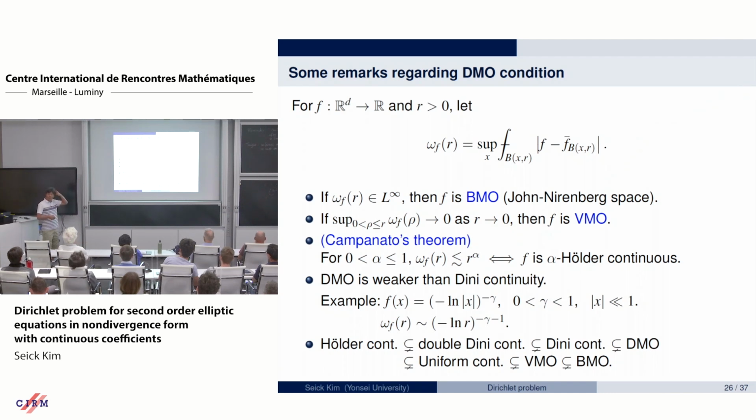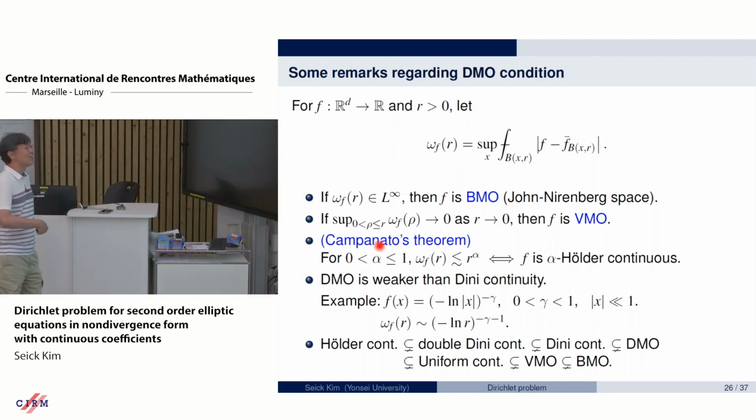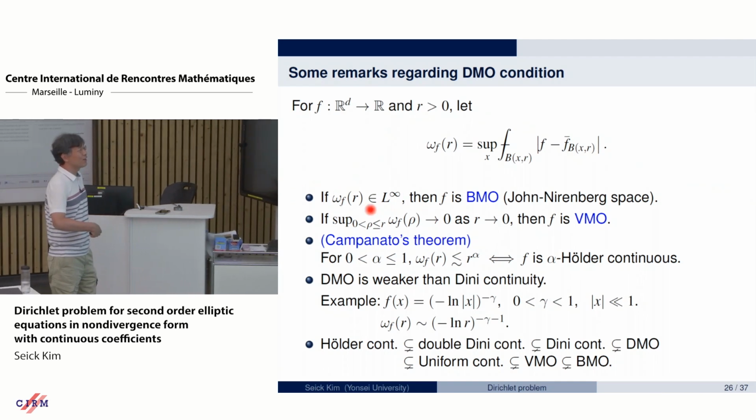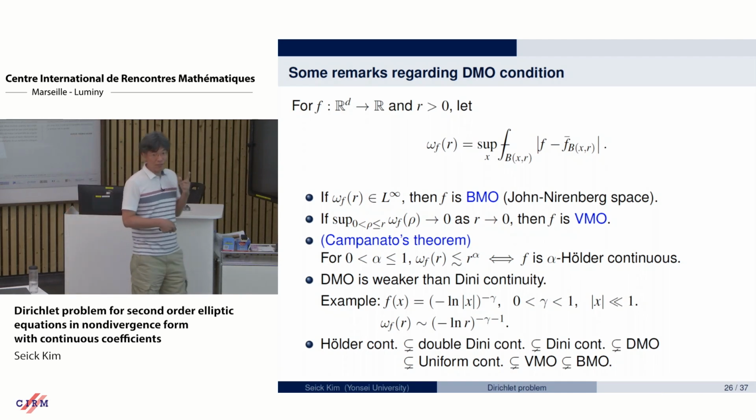Olli was pointing out that it should really be the John-Nirenberg inequality, but I'm going to call it the John-Nirenberg space. Anyway, if you take the supremum up to r and let r go to 0, then you know this is the so-called vanishing mean oscillation, VMO condition.